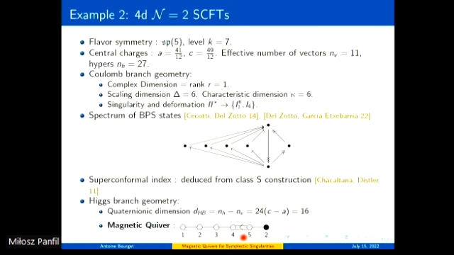I will tell you later how we can compute this and what we can extract from this. But what I want to emphasize here is that this quiver contains the full information about that Higgs branch. And as far as I know, it's one of the only ways to characterize this. Actually, there is another way using the VOA and associated variety, using the 4D-2D correspondence. But from this, we can extract data in a very algorithmic way that I will show next.